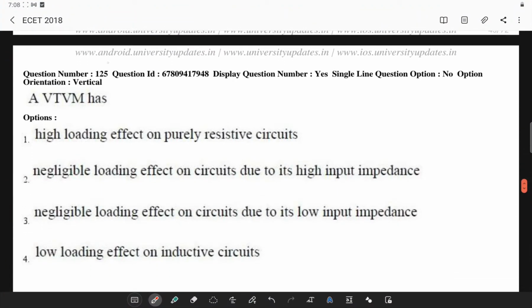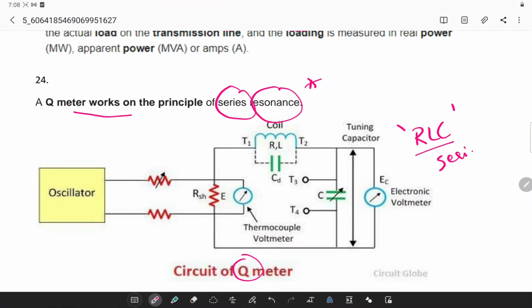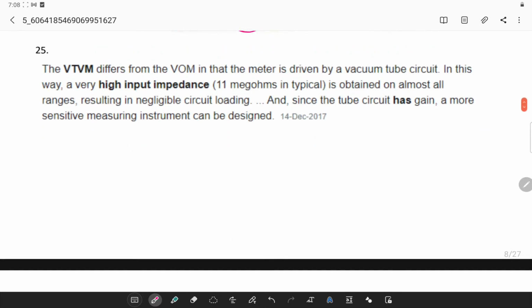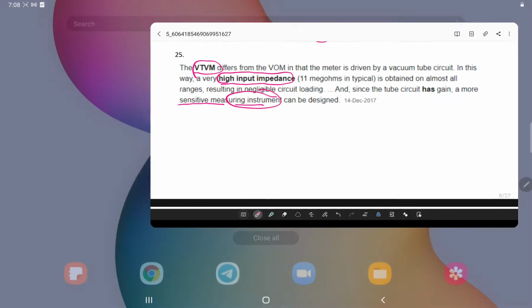The next question is, what exactly is VTVM? See the options. If you observe, VTVM has a high input impedance and it is basically a measuring instrument.